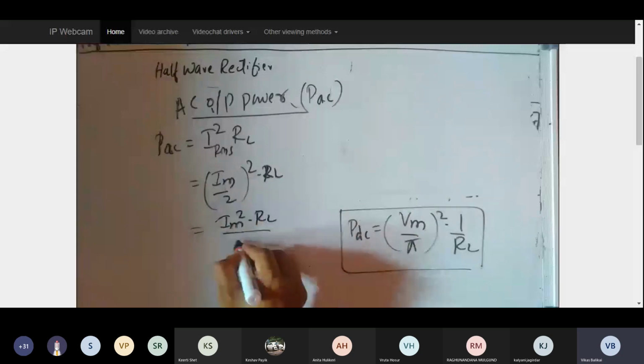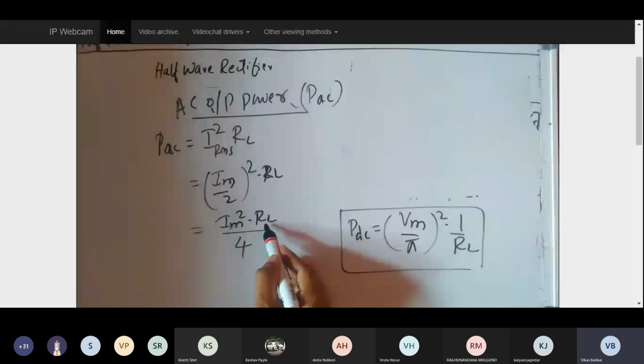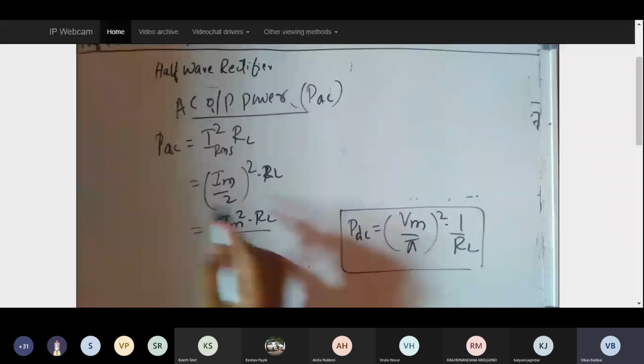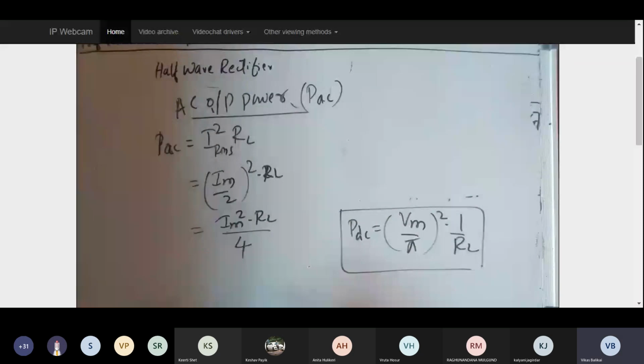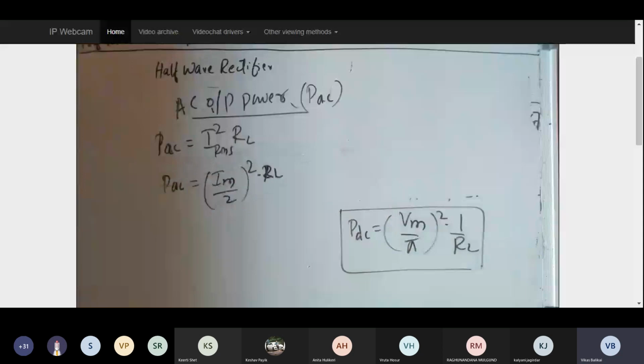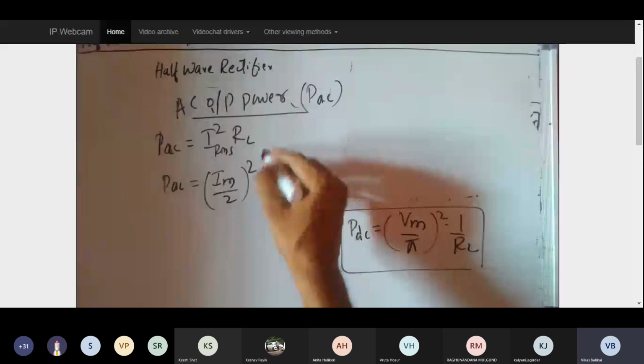One Im into RL, you can write as Vm. So Vm into one more Im will be left, Vm into Im by 4. All those exercises you can do, or better, you can keep the same equation as it is: PAC as Im by 2, whole square, multiplied by RL. So this is all about the PAC and PDC for my half wave rectifier.